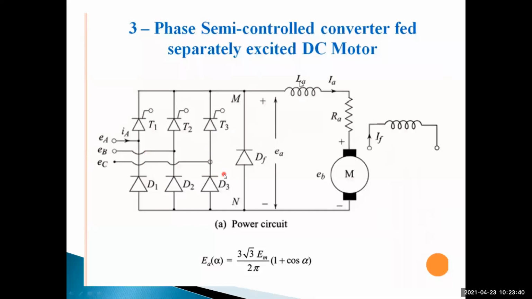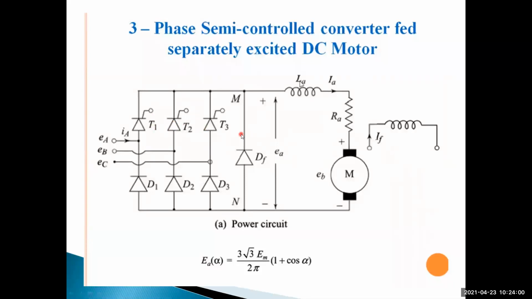Well, the conduction duration of each thyristor in a three-phase converter: for each thyristor, here T1, T2, T3, the conduction duration is 120 degrees.